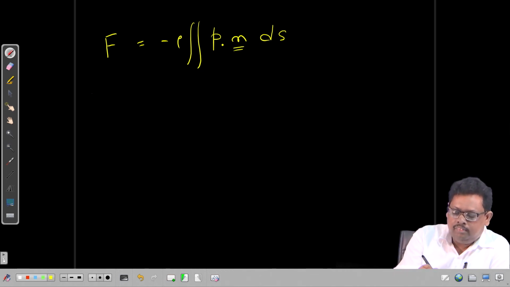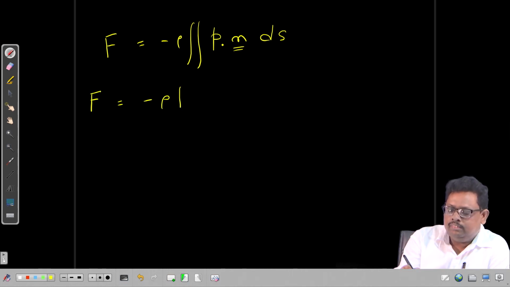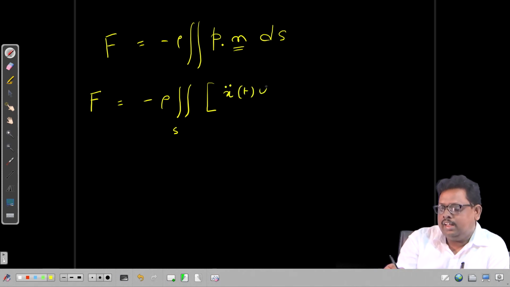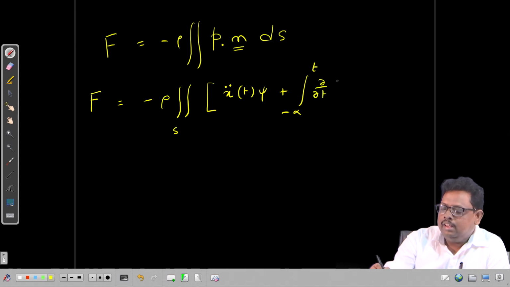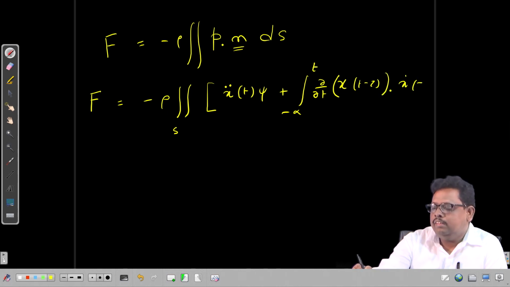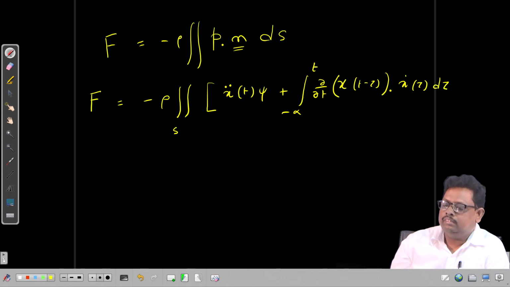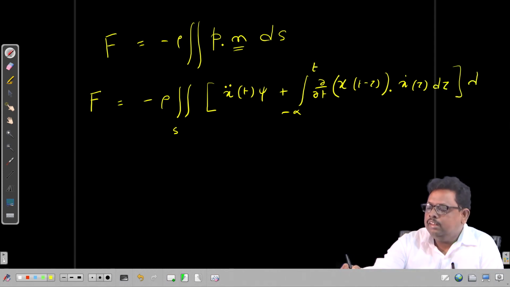So, if I try to find the force in this case, it is nothing but minus rho, integration over the S, and I have to substitute my pressure, which is x double dot T into psi plus minus infinity to T into del T into chi T minus tau into x dot tau into d tau, right, and then whole ds.